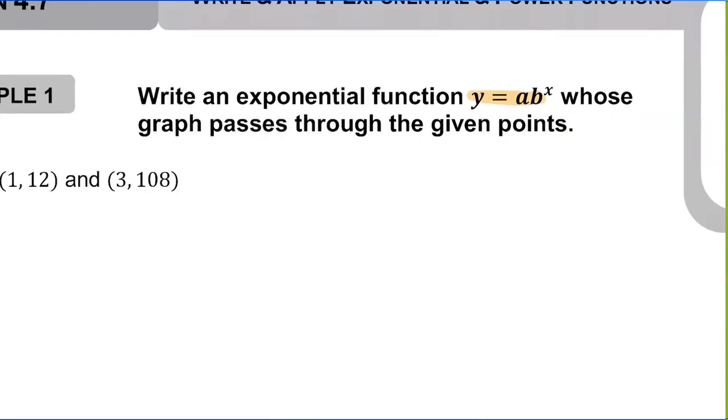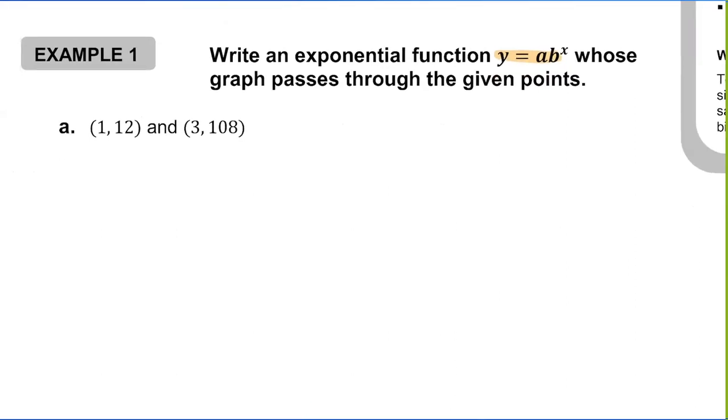and b. So part A, we want to find the exponential function whose graph passes through the points (1, 12) and (3, 108). There's going to be basically 4 steps here. Our first step is that you're going to substitute points into y equals a times b to the x.